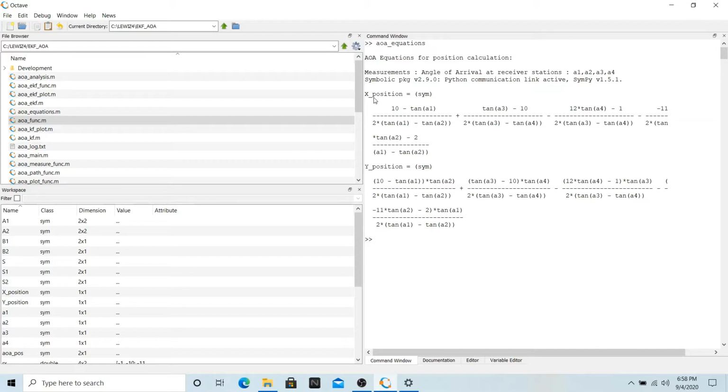For position along the x-axis or x-coordinate, we have this equation, and for y position, we have this equation involving multiple tan operations on the angles. Please note that these are simplified versions of the equation where the locations of the receiver are already substituted and the other environmental factors affecting communication links are assumed to be constant.